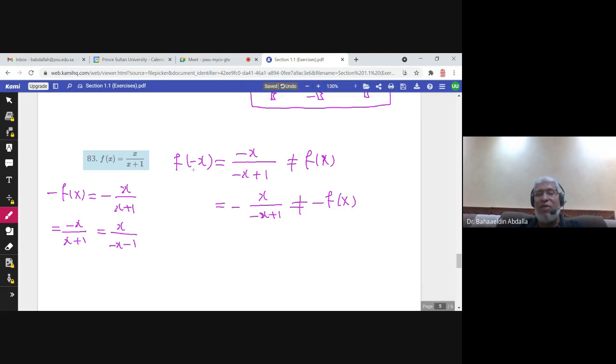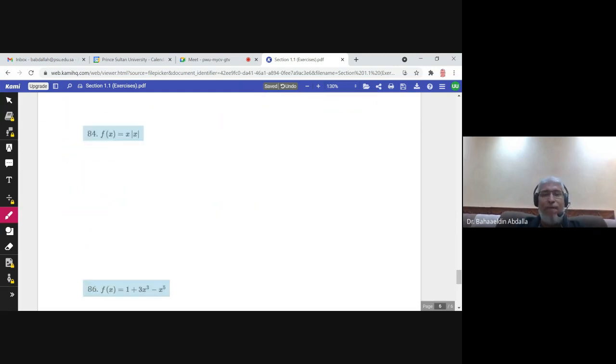So f of negative x is not f of x. f of negative x is not negative f of x. So f is neither even nor odd. And if you sketch the graph of this function, you will not find it symmetric about the y-axis, and it will not be symmetric about the origin.